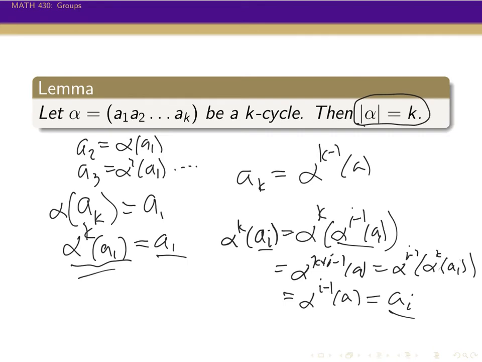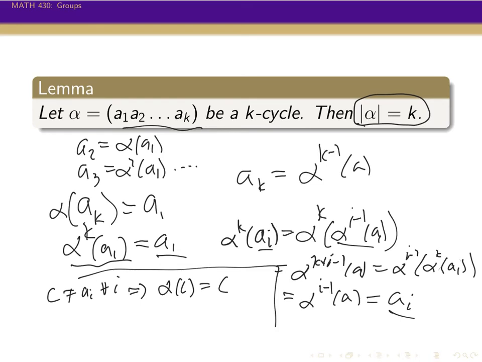And then lastly, what if we have some c that is not equal to a_i for any i? Well, c does not appear in the cycle. So that means that alpha of c equals c. And so then alpha^k of c, we just keep plugging c back into alpha every time.